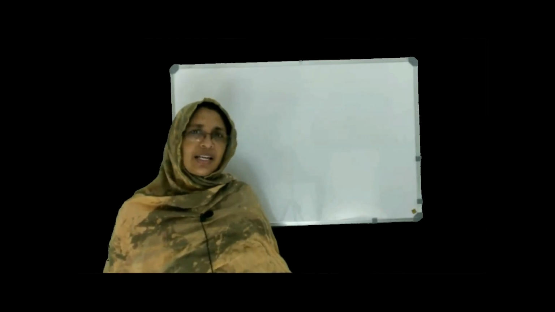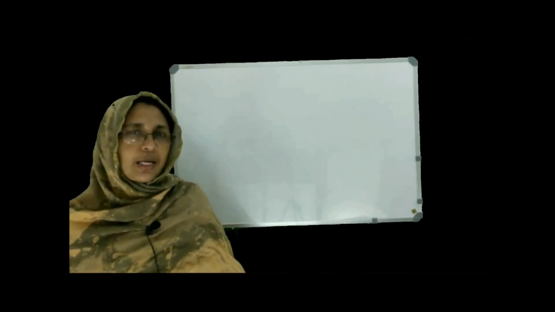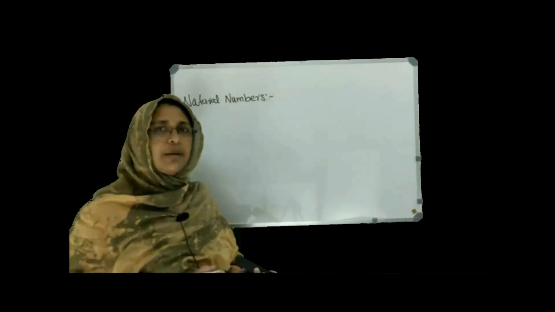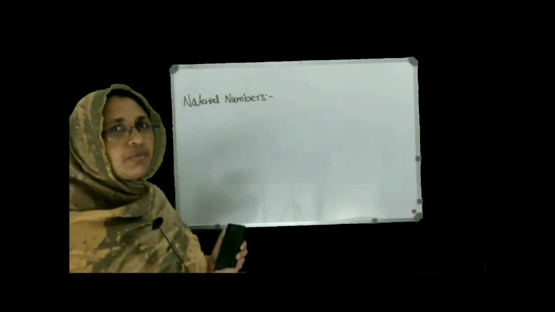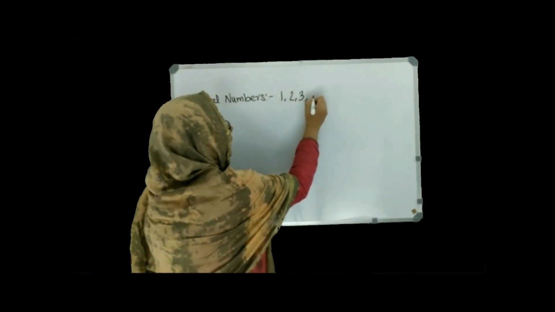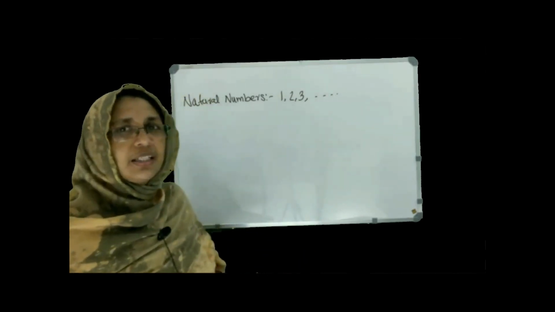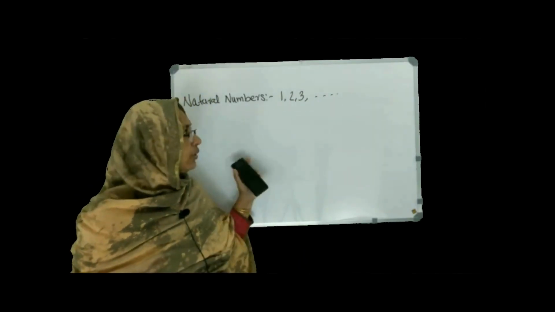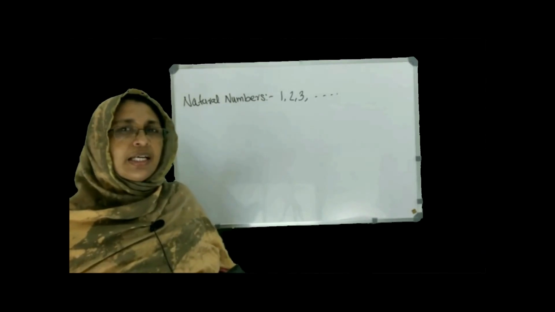In your earlier class, you have already learned about different types of number system. What are natural numbers? Numbers starting with 1, 2, 3, etc. These numbers are called natural numbers.